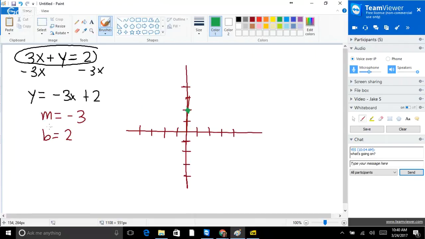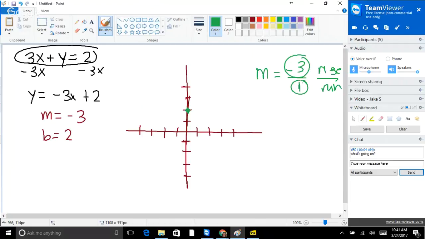The slope is -3. How do you graph a slope of -3? All right, so if my slope is -3, you can think about this a couple ways. One is that you can always put something over 1. So my rise over my run is going to be -3 over +1.